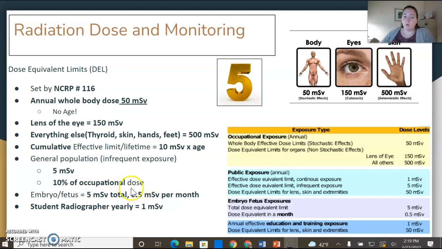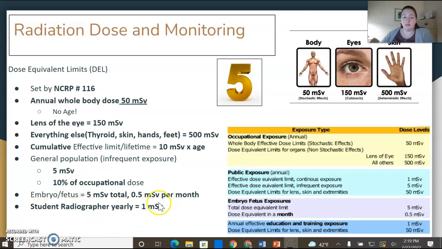Per month is 0.5. I know this is always confusing for students, but pregnancy is actually 10 months for those of us who wait the 10 months. Some babies come out at 9 months, yes, but so 0.5 times 10. 5, okay. And then student radiographer, which is you guys who are training, it's 1 millisievert.